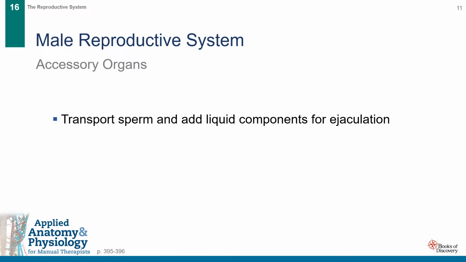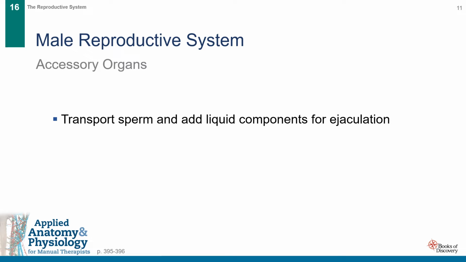Now let's consider the accessory organs of the male reproductive system. Sperm leave the seminiferous tubules and flow into an extensive duct system that stores and transports them. As they move through this network of ducts, various accessory glands secrete fluid that provide nutrition and protection.